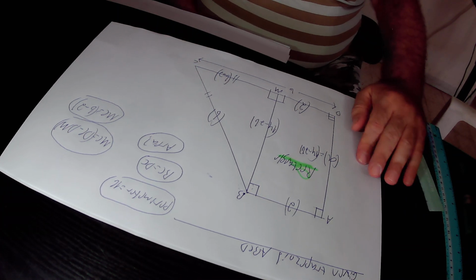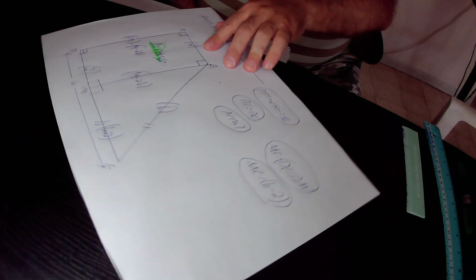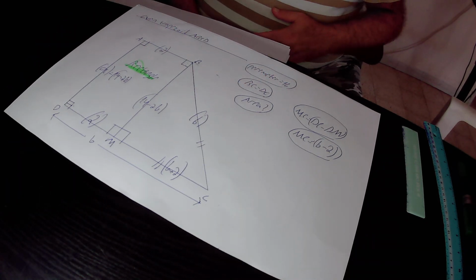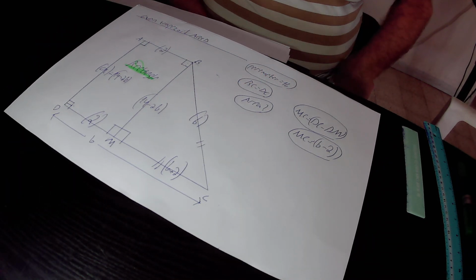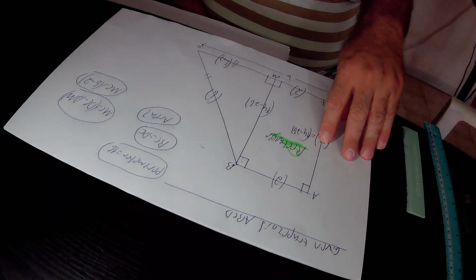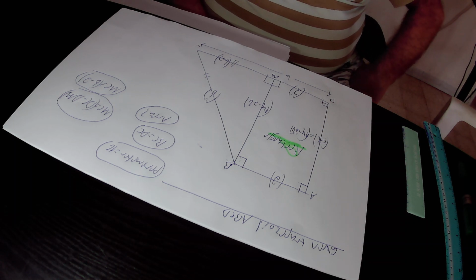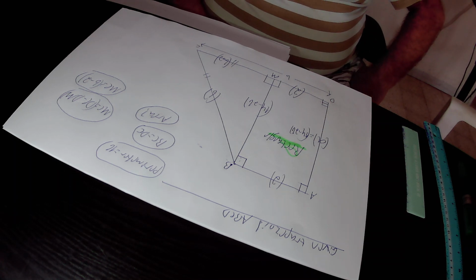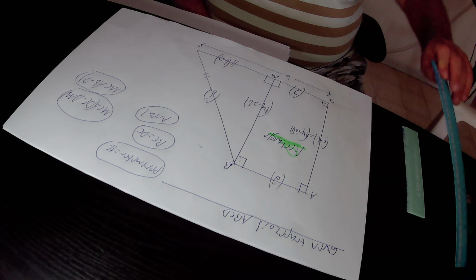In the next step, I'll copy this right triangle BMC in a new pad and we'll implement the Pythagoras theorem on this right triangle BMC. According to the Pythagoras theorem, in any right triangle, the square of the hypotenuse equals the sum of the squares of the perpendiculars.